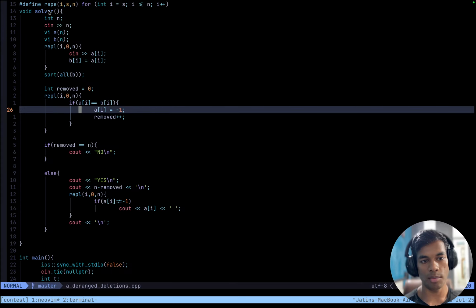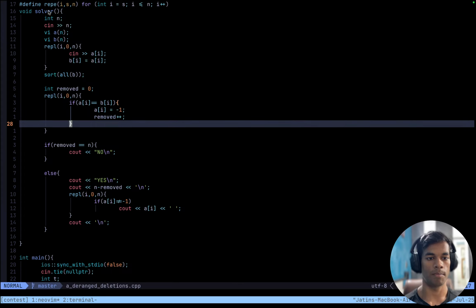If they are matching, then I can remove it by making it equal to, let's say, -1. If an element is -1, then it is removed, and I increase the removed counter by 1.